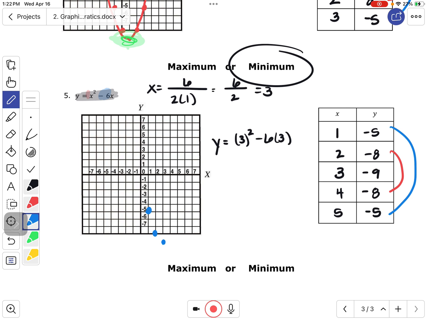Over to 4, down to -8. Oops, sorry, that was not the right one. Erase this guy right there. And then lastly, I'm over to 5, down to -5. Okay, so it made this parabola. When I look at my vertex, it's pointing down, so that's going to be a minimum.